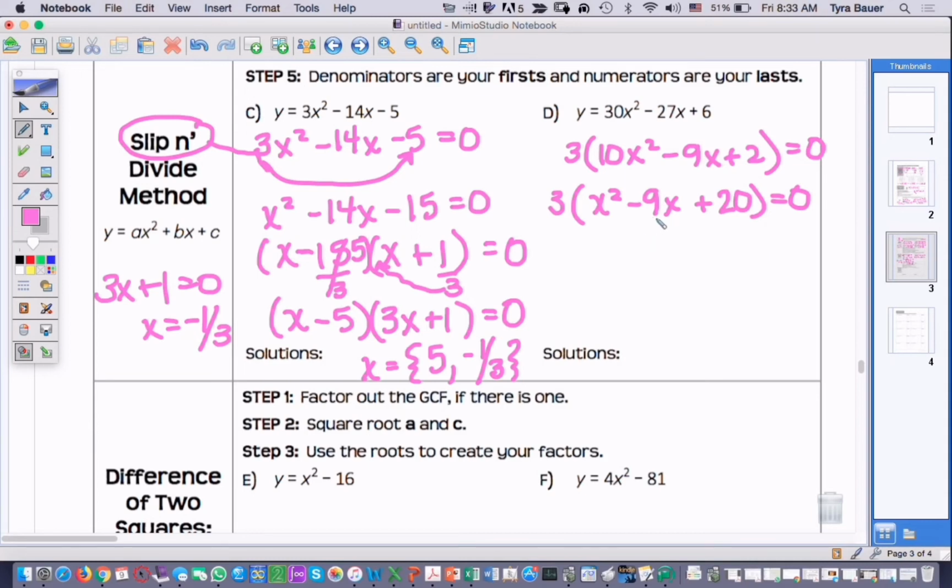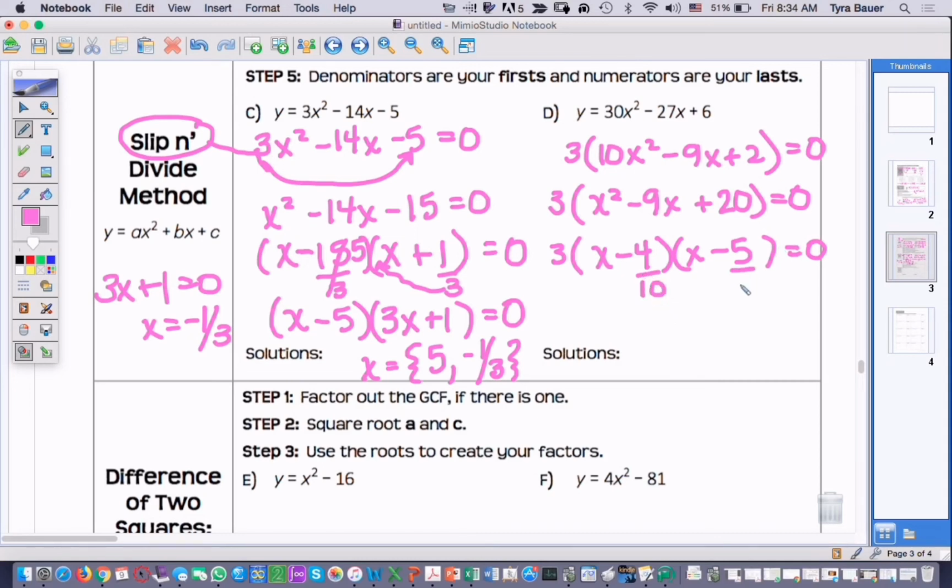I slipped that 10 down because I don't like him. I want to be able to factor simply. Now I need to factor. So what do I get? Negative 4 and negative 5. X minus 4 and x minus 5. Oops, minus 5. I say 5 and I write 4.